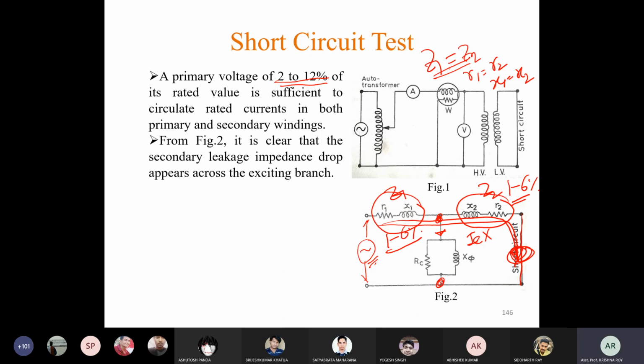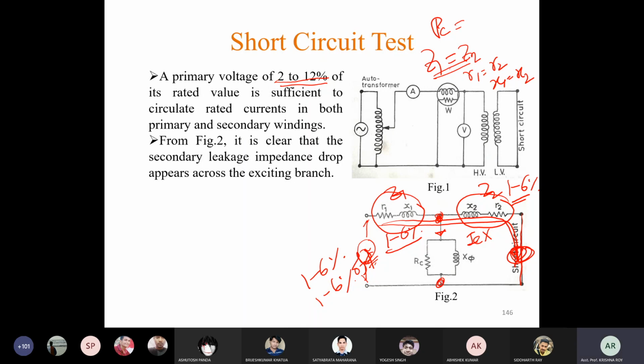Now the core loss is a voltage dependent loss, as I have mentioned in the previous case. So 1 to 6% applied voltage will produce a very small core loss. Why? Because 1 to 6% of rated voltage will produce 1 to 6% of rated flux phi. And we have seen that this core loss PC has two components.